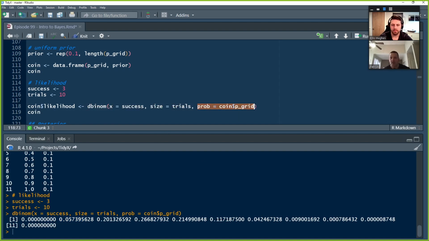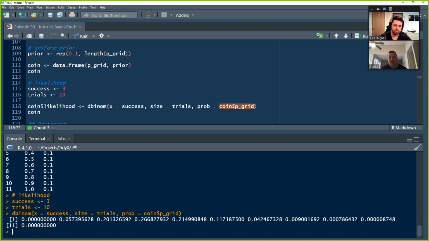In this case, our hypothesis is each one of those probabilities in the P grid in column 1. So we're going to use the binomial distribution to ask, what's the chance that I see 3 successes out of 10 trials if the probability of the coin is 0, or 0.1, or 0.2, all the way up to 1, in those 0.1 increments.